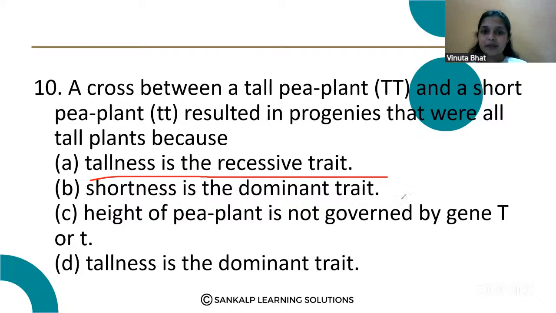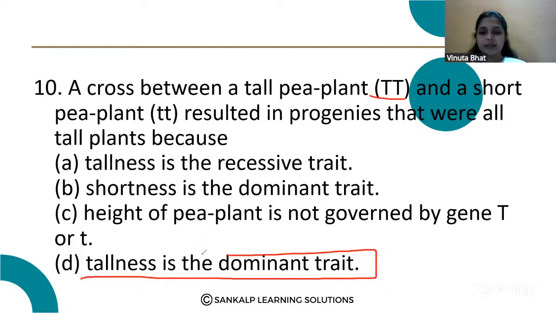When capital T, the pure breeding tall pea plant, is crossed with the short pea plant, this capital T is the dominant character, and shortness is the recessive character. Here you can say tallness is the dominant trait. Option D.